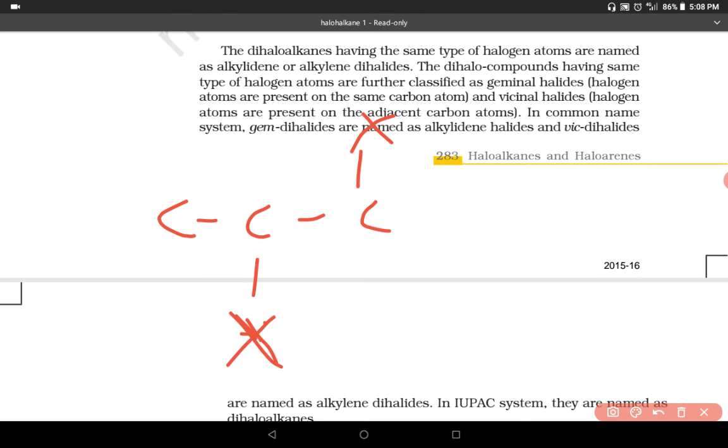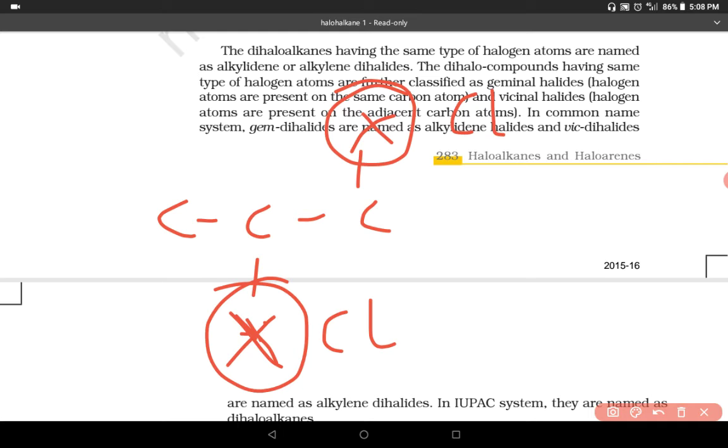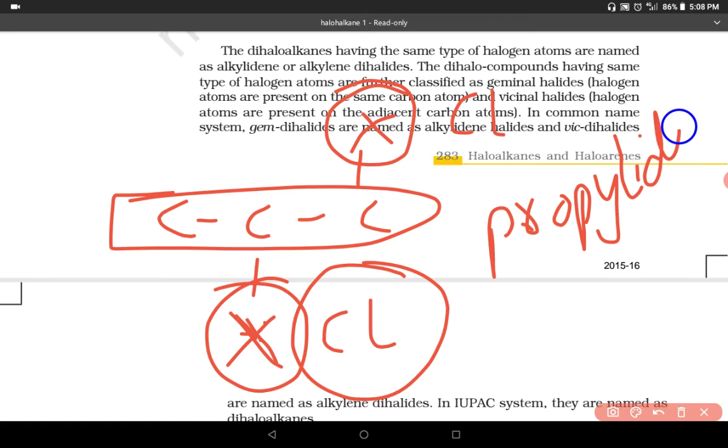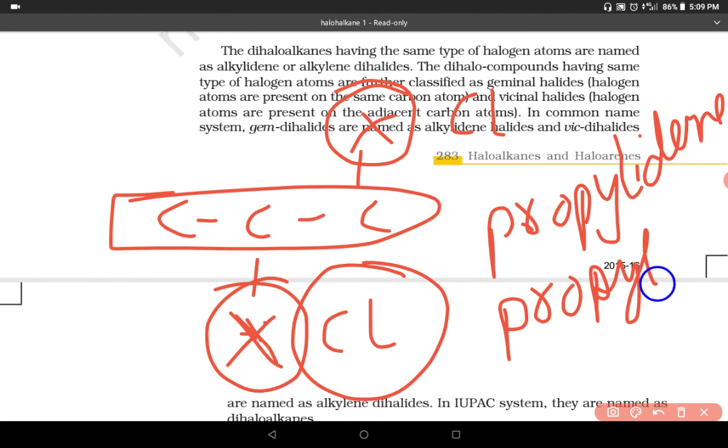Here you find that dihaloalkanes, two haloalkanes having the same type, that is chloro, are named as either alkylidine, what is alkyl, propylidine, or else we can name it as propylene dichloride.